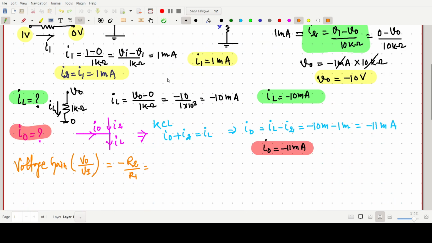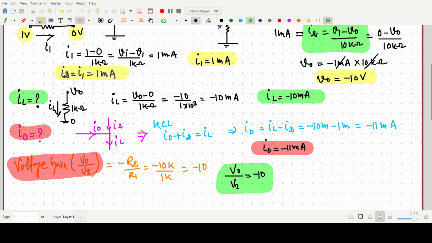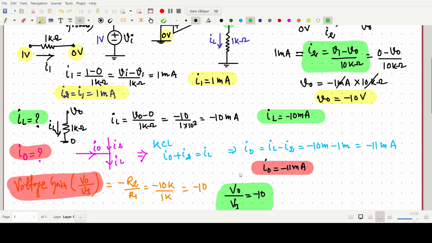So minus 10K by 1K. So it should be simply minus 10. So the value of V naught by Vi is simply minus 10, a unitless quantity. So this one is our voltage gain. So we have found the voltage gain.